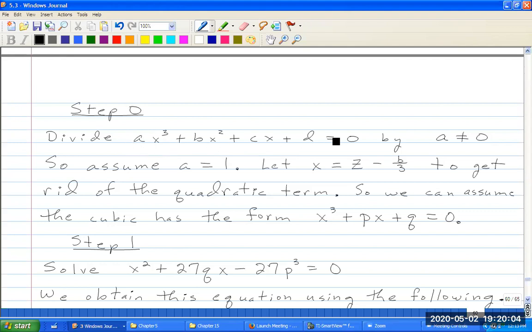Next, after you've made it monic, do a change of variables, like what we did last week, to get rid of the quadratic term. And so you can assume that the cubic has the form x cubed plus px plus q equaling 0.